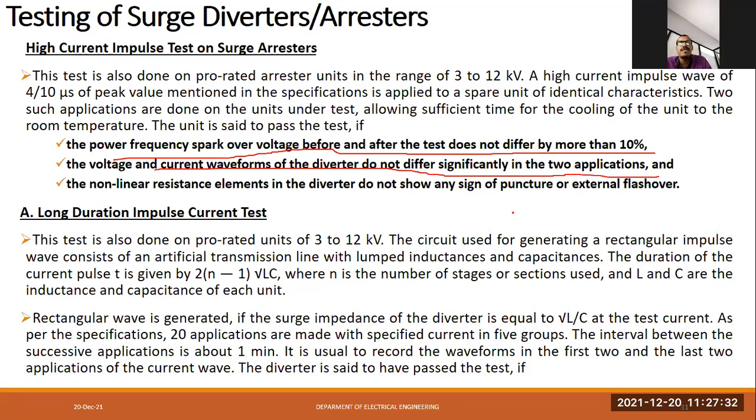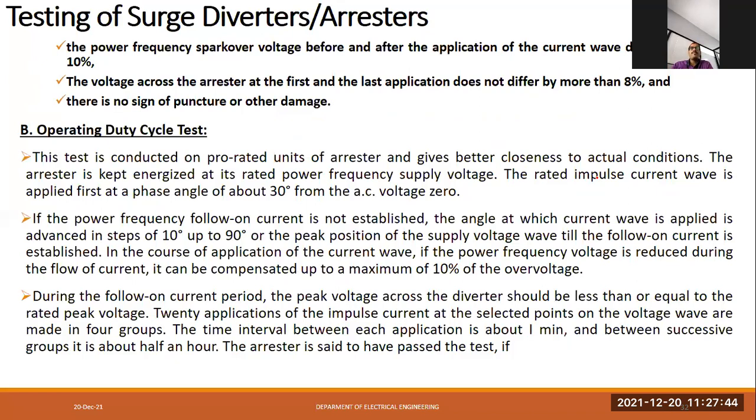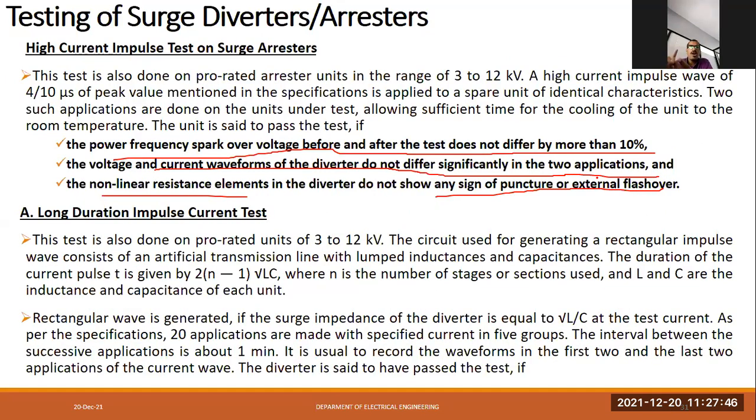Third, the non-linear resistance (NLR) elements of the diverter should not show any sign of puncture, damage or external flash. At that point we can say the surge diverter has passed the high current impulse test.